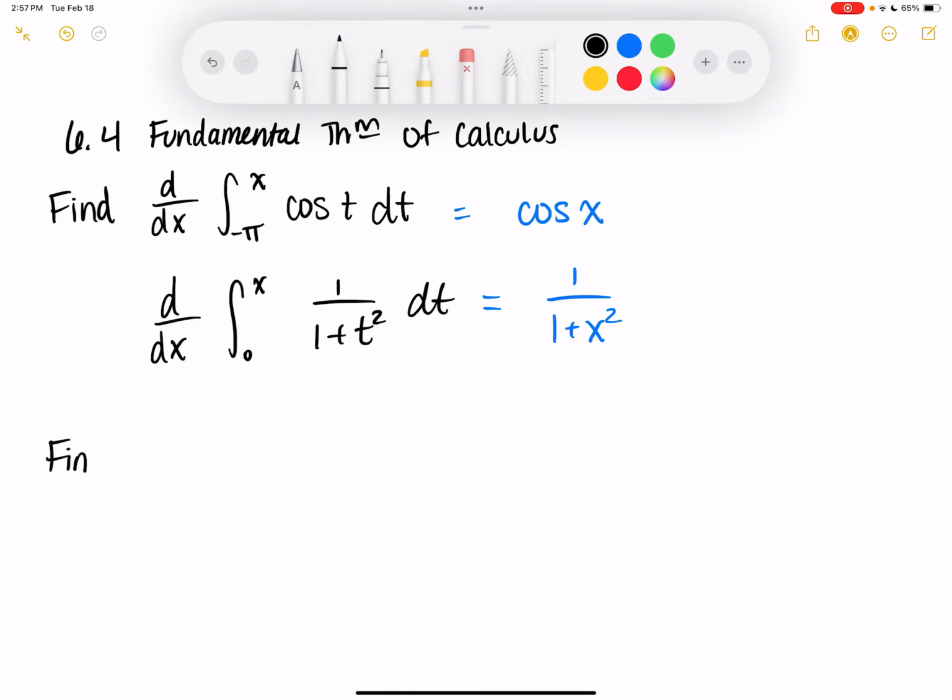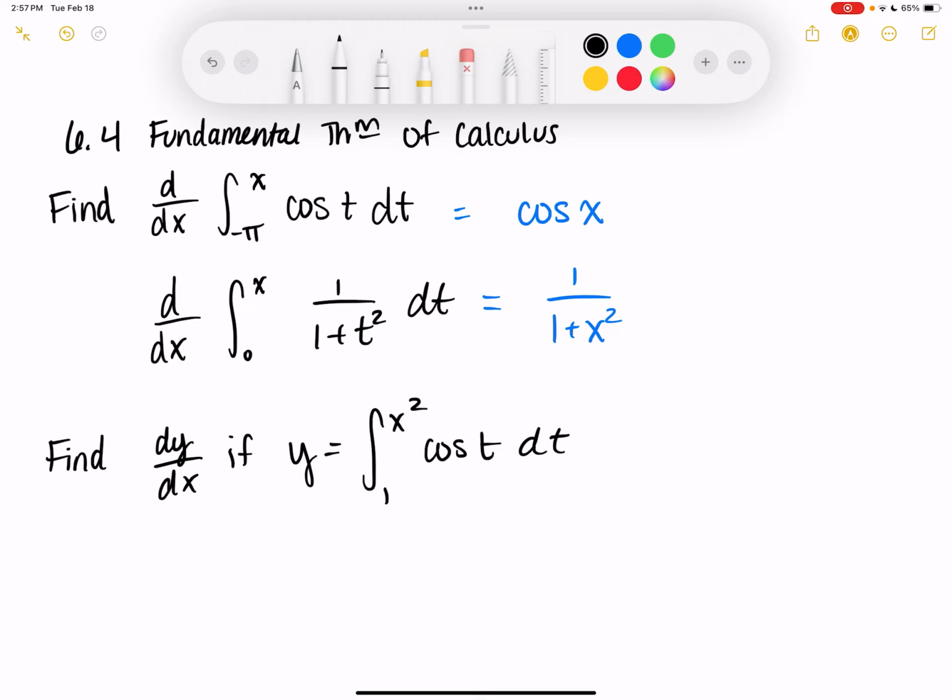But now, if you have something like this instead: find dy dx if y equals the integral from 1 to x squared of the cosine of t dt. What do you notice about this one compared to the other ones? It's find d dx versus find dy dx if y. What else though?